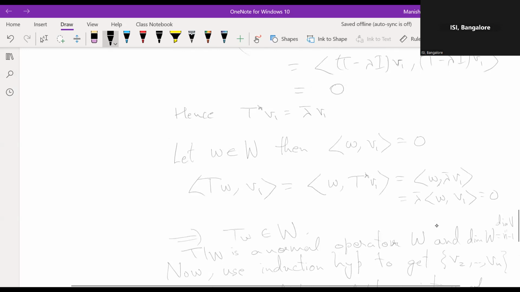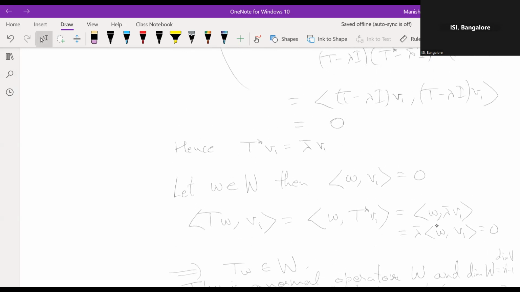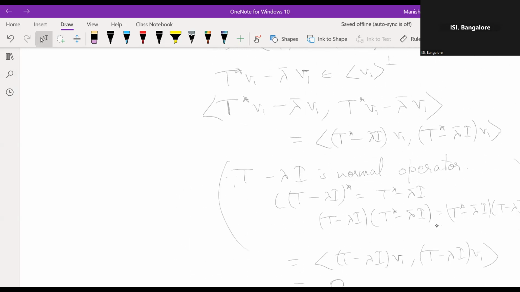So this is where we use the normality to prove that T*V1 is the same as λ̄V1. So basically the inner product is going to be zero. Okay. Any questions or comments?